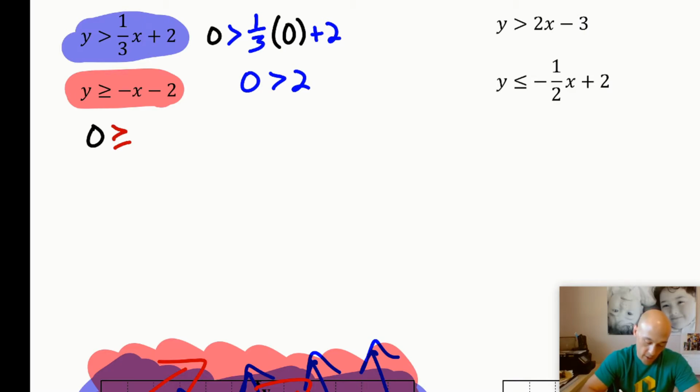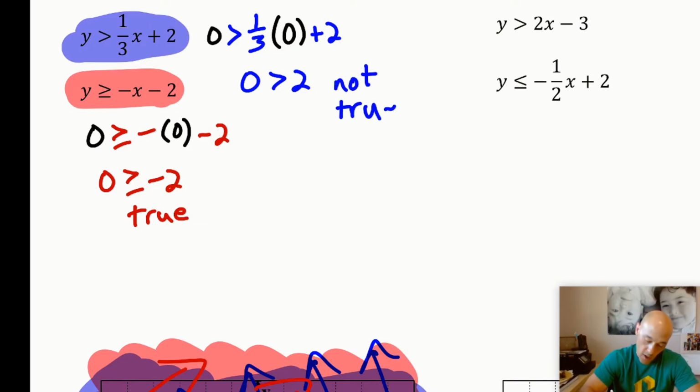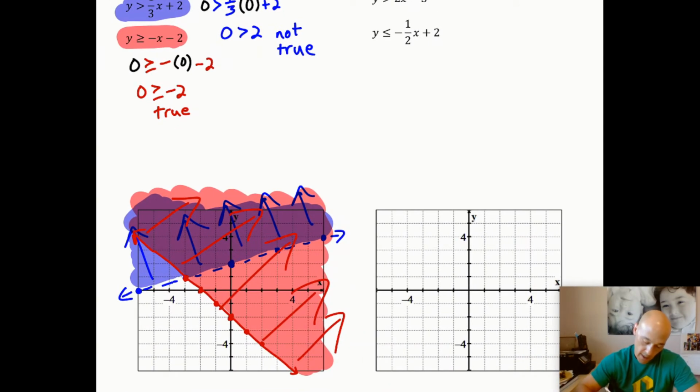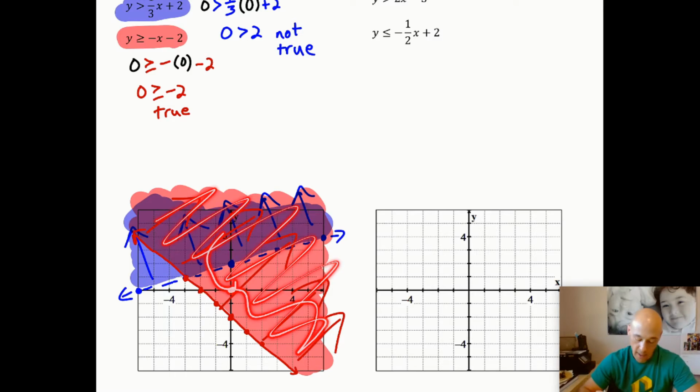For the red, 0 greater than or equal to negative 0 minus 2. 0 greater than or equal to -2, that is true. So this one's true, and this one's not true. And for the red one, 0, 0 is part of the solution set of the red inequality.